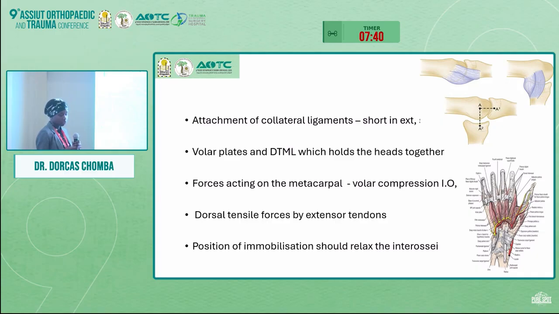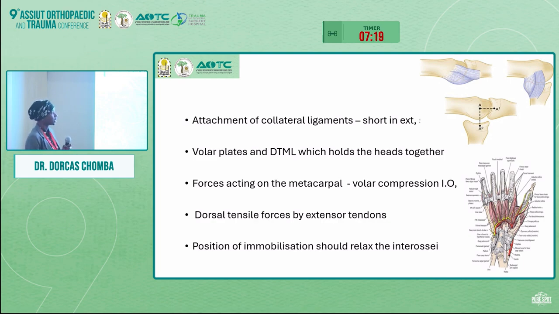Then you have the volar plates, which prevent hyperextension, and they are joined with the deep transverse metacarpal ligament, which prevents proximal displacement of the fractures. The forces acting on the metacarpal bones: on the convex side, which is dorsal, is the extensor tendons, and this is a tensile force.